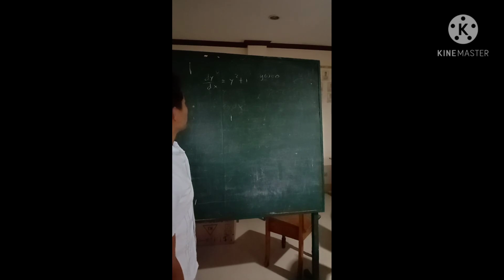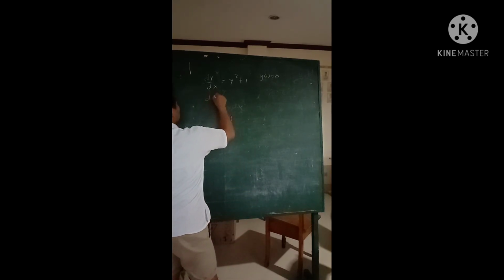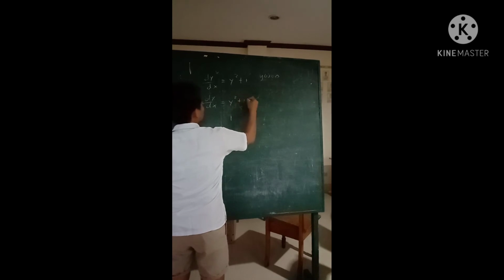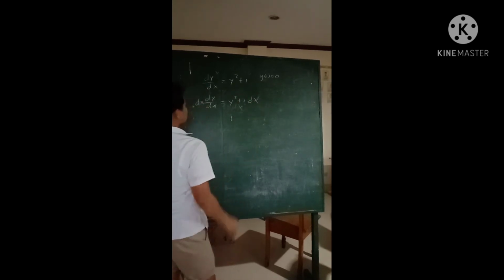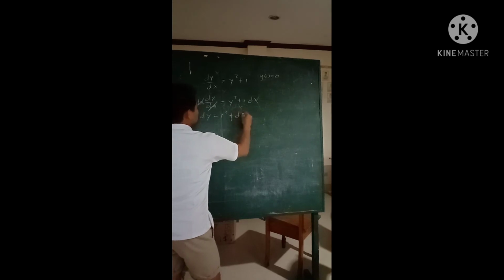First we need to multiply both sides by dx. So cancel this one, and the remaining is dy equals y squared plus 1 dx.